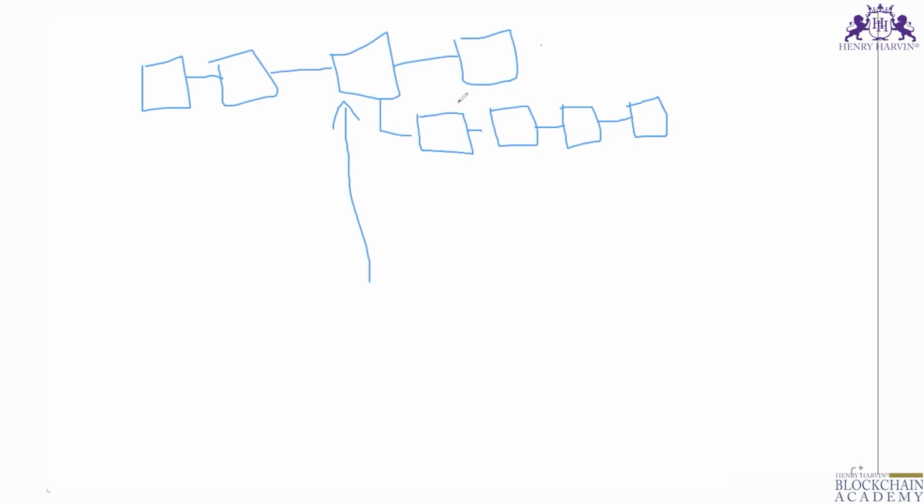In the Bitcoin blockchain network, the longer chain will be considered the blockchain network, and the shorter chain will be discarded later. This chain will be discarded, so this will be the blockchain network.